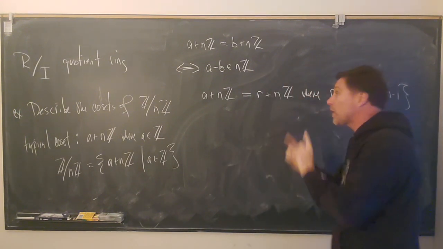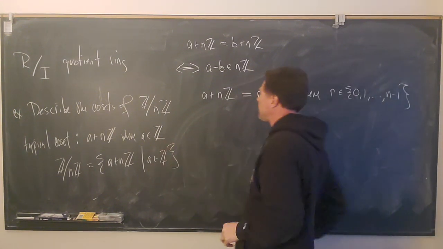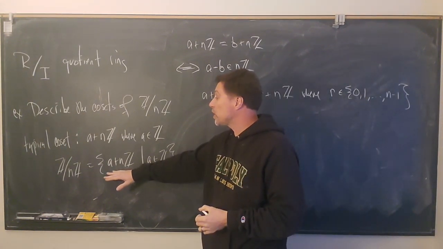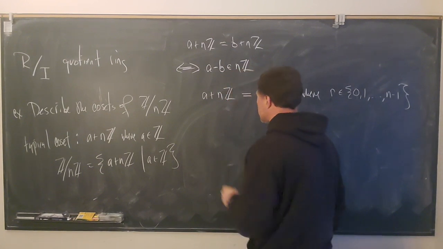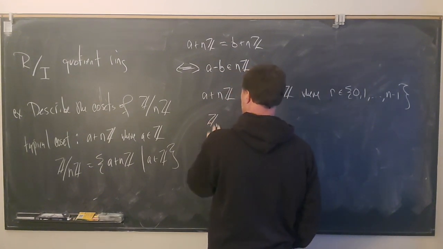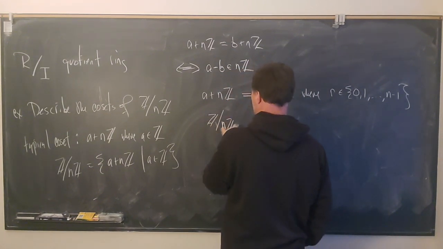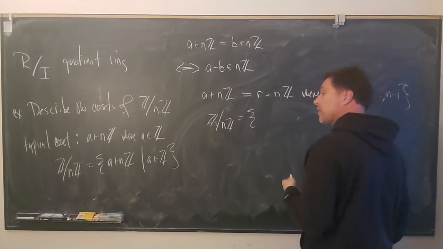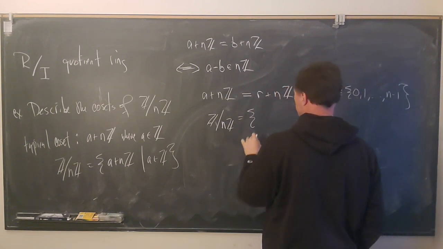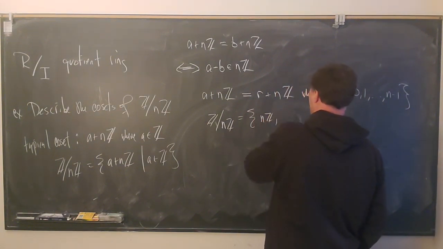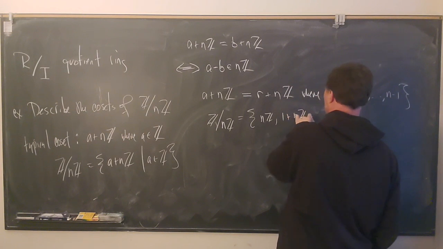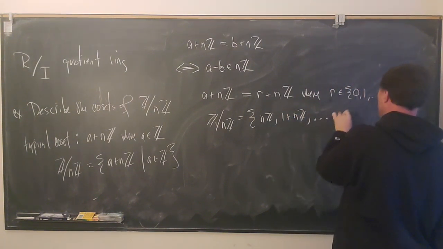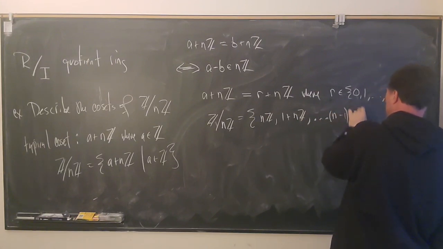Okay, fine. What I'm trying to do is get a more efficient description of this set of cosets, and here it is. Z mod nZ is really equal to the set of cosets 0 plus nZ, which we can write as nZ, 1 plus nZ, and so on, all the way up to n minus 1 plus nZ.